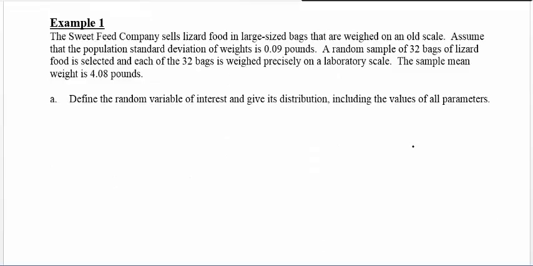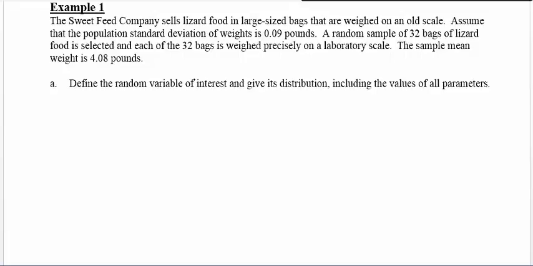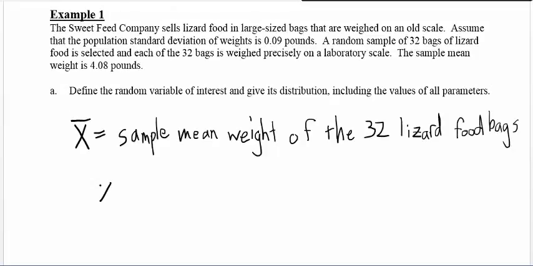Starting with example 1. Let's define our random variable of interest, figure out its distribution, and the parameters. We took a random sample of 32 food bags, and we're looking at the average weight of those. Therefore, our random variable will be x bar. X bar follows a normal distribution. We know this by the central limit theorem, or CLT, because our sample size is more than 30.